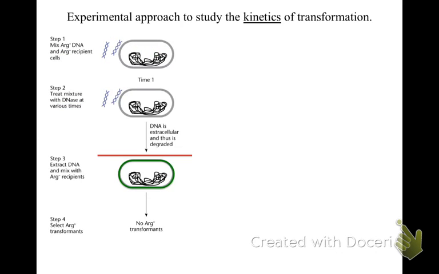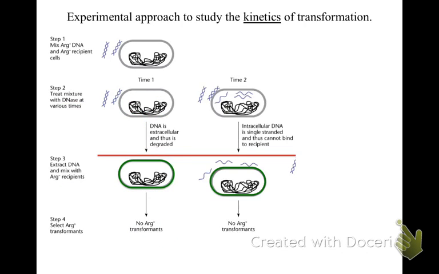They now take the DNA from the cells, and remember there's nothing outside the cell, we've already degraded that. They isolate that DNA and they now add it to the outside of a new set of cells. They're also Rg minus, and they do the transformation experiment a second time. Now, when they initially do this and they have added DNase very quickly, they get no transformants.